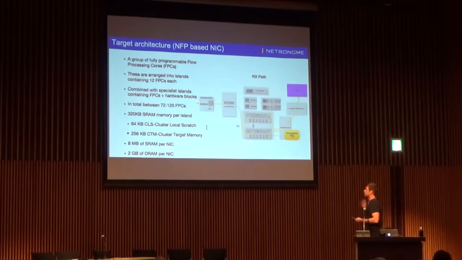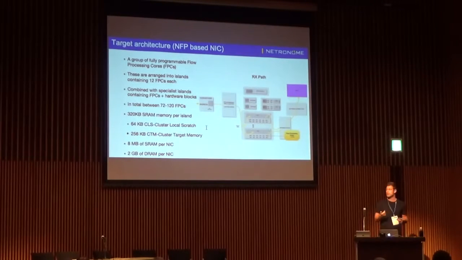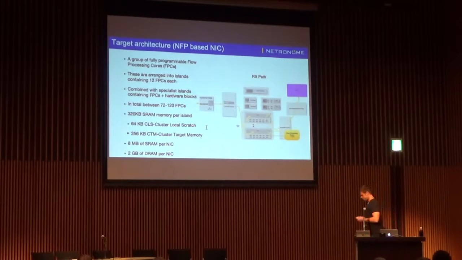Target architecture: I just want to quickly run through what the NFP MPU is. We've got a large group of fully programmable cores, which we call flow processing cores. These are small RISC CPUs. They're arranged into general purpose islands, with 12 of them on each island. There are also some specialist islands which can do things like crypto, some memory accesses, and a few other types of things.